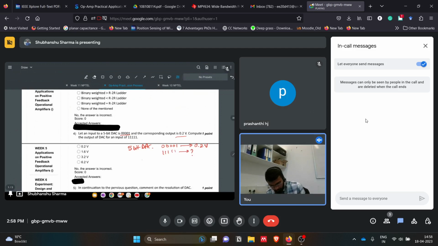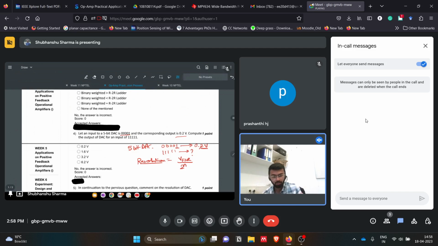We have this formula: the resolution equals V full scale range divided by 2 to the power n. Here the resolution is 0.2 volt. Why is it 0.2 volts? Because this is the least significant value which we can input to the DAC, that is 0 0 0 0 1.